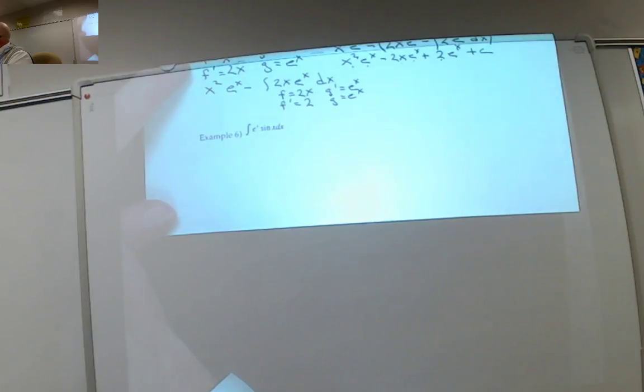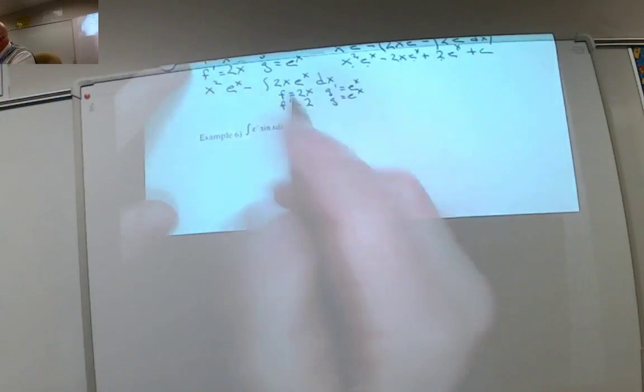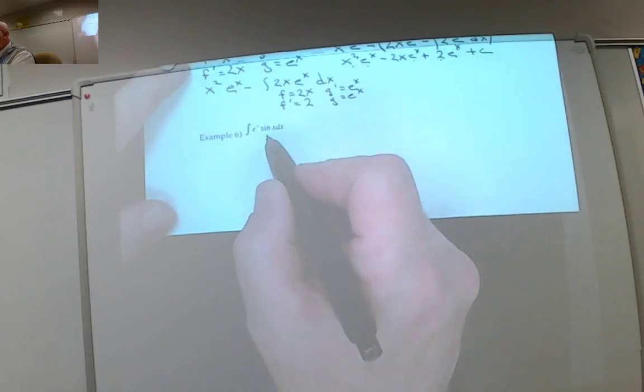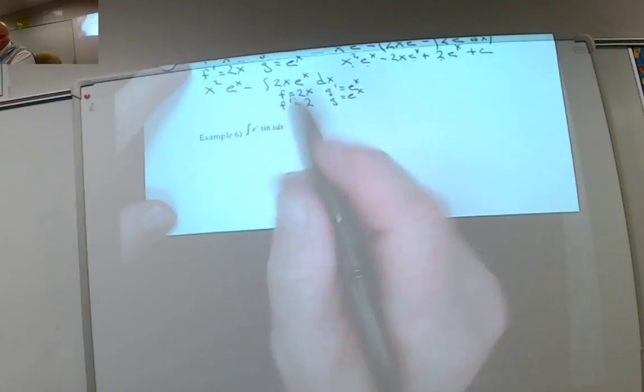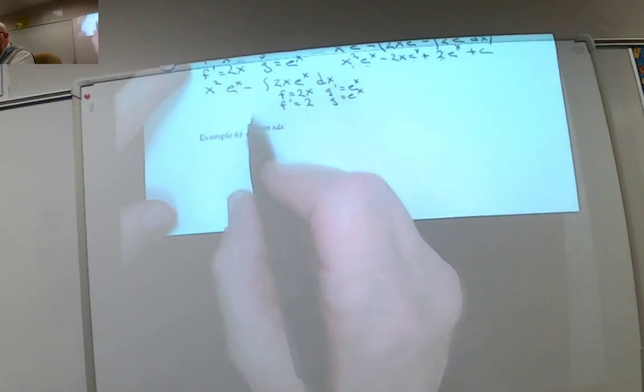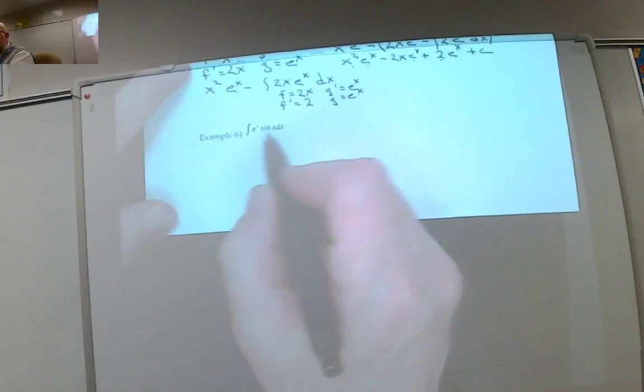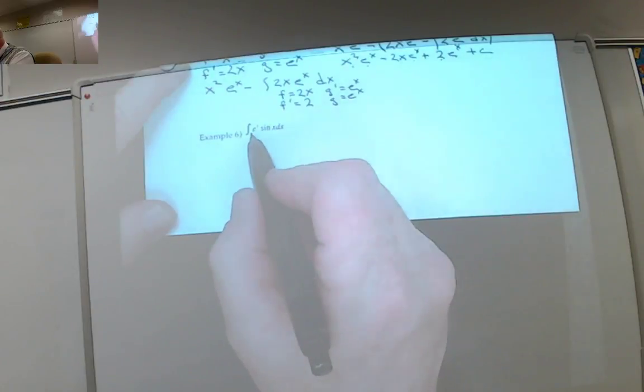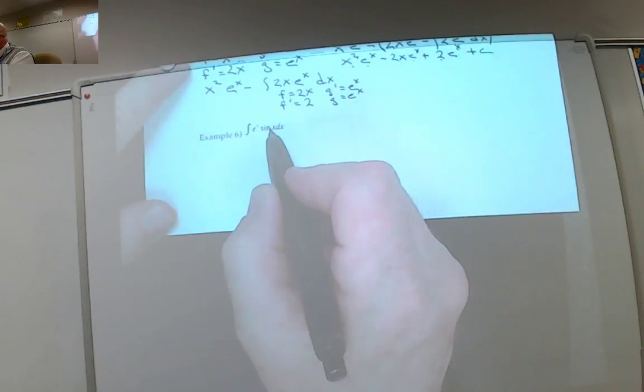Yeah, they never end up being 0, do they? This always stays e to the x, and this eventually comes back to the sine of x, doesn't it? Okay? So what's going to happen is I'm going to keep following the process till I get back to this answer. You keep going until you get back to e to the x sine of x.